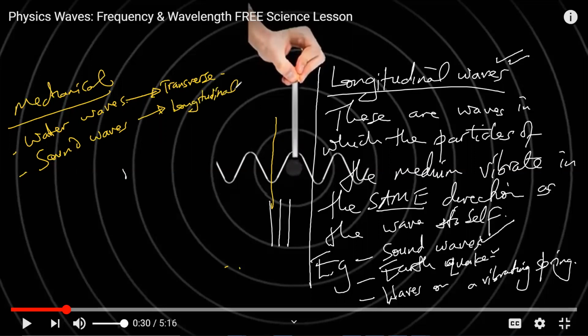So mechanical waves are both transverse and longitudinal in nature. But on the other hand, all electromagnetic waves are transverse in nature. That one we need to know before we go any further.